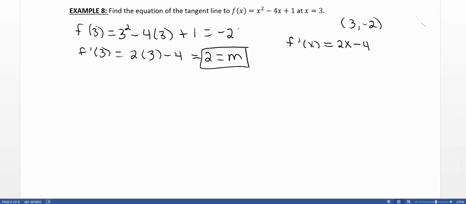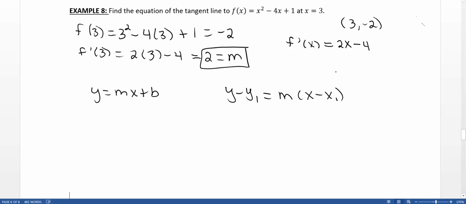Now I need to take my point, 3 comma negative 2, and my slope, 2, and put that together to find the equation of the line. The equation of a line can be written as y equals mx plus b, or y minus y1 equals m times x minus x1. Either is fine, but I'm going to use the y equals mx plus b form because that's the way I generally do it.